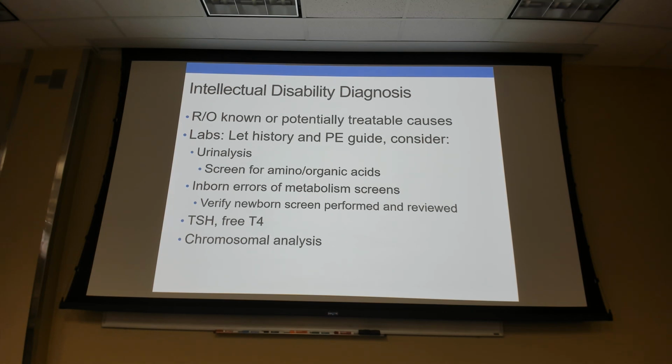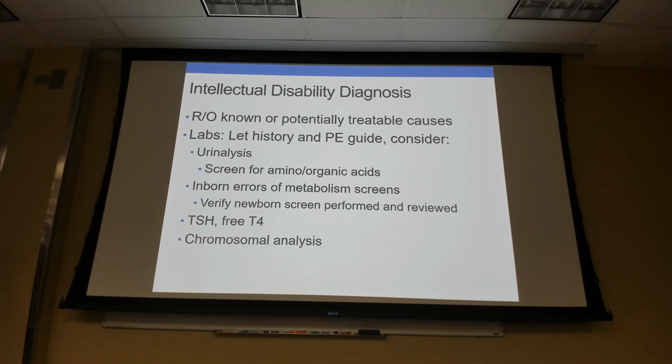If you order just a regular urinalysis, you're not going to necessarily see this. But if you order specific urine testing, it can look at, are they wasting byproducts? So do they not have an enzyme that is able to break down amino acids or organic acids? So you could be looking at urine amino acids, urine organic acids, meaning they can't break that down, so it's coming out in the urine. Things that you can look for there.